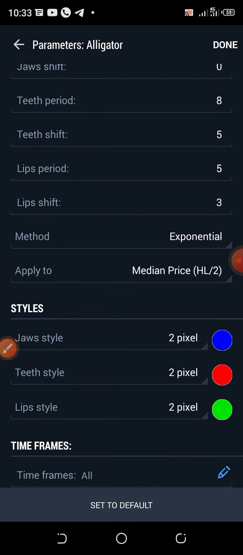With this, you press done. What is the work of this? This one now helps you to detect the right position of the candle.